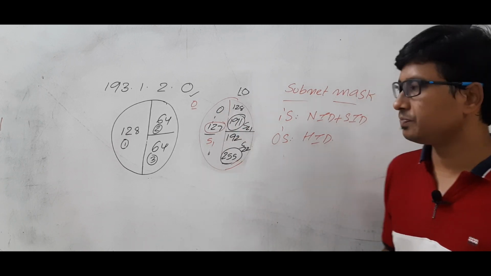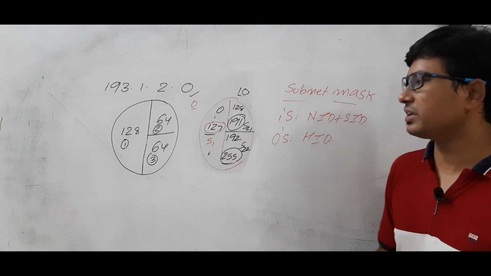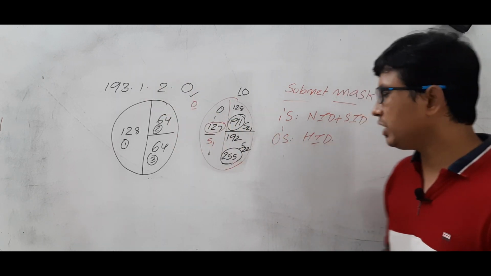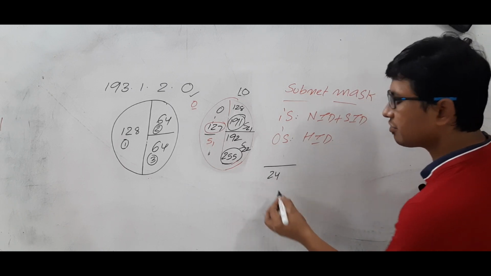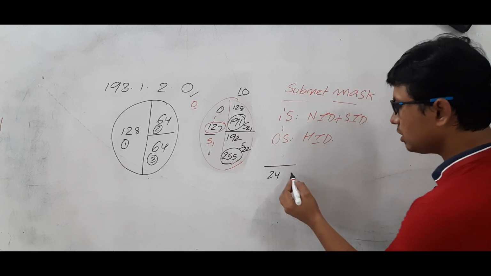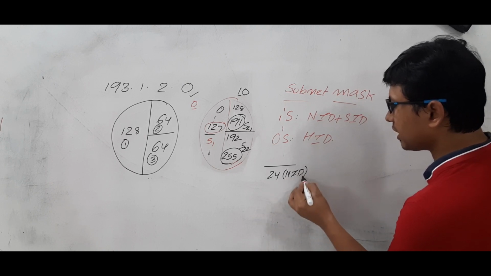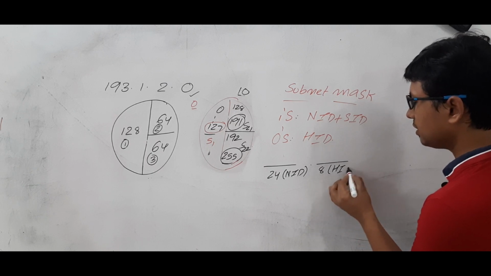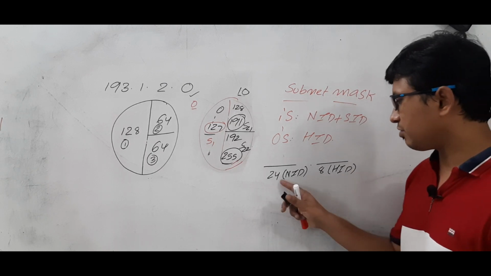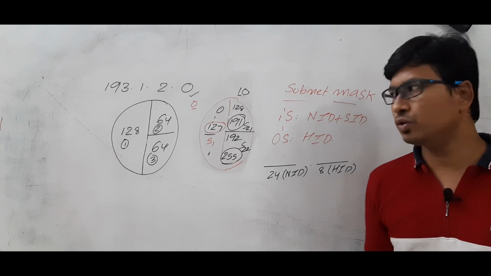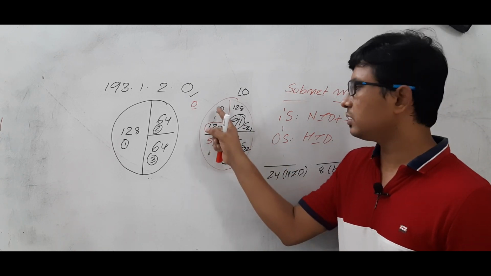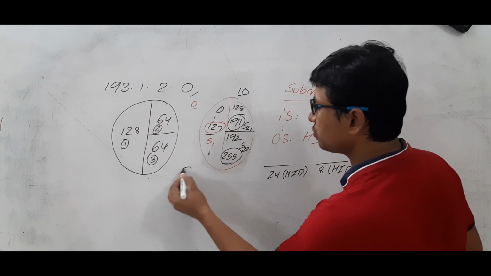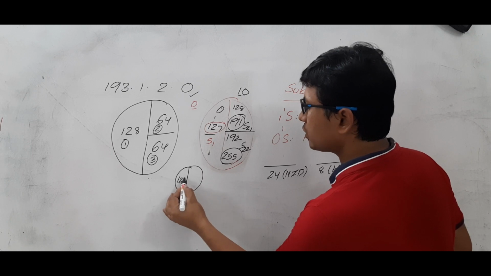Let me take this one: the subnet mask for S1. How can I compute it? As it is a class C network, 24 bits are allocated for the network ID and the remaining 8 bits are allocated for the host ID, out of 32 bits. To make these subnets, subnet 1 and subnet 2, if you have watched my previous video, I divided into 128 and 128.